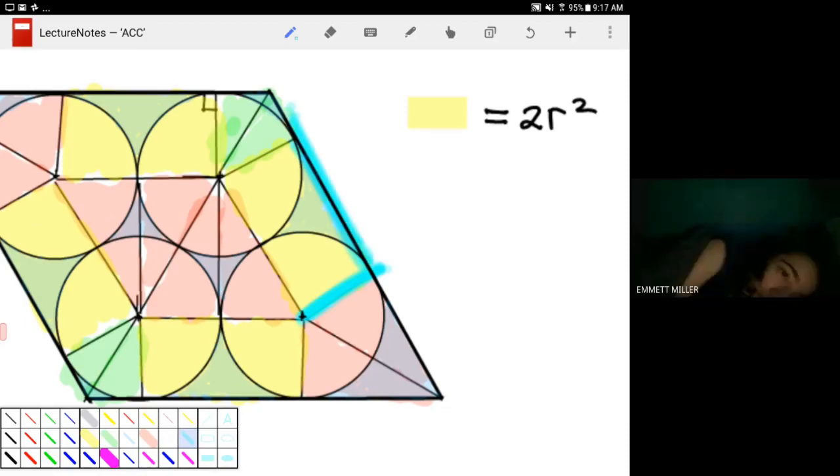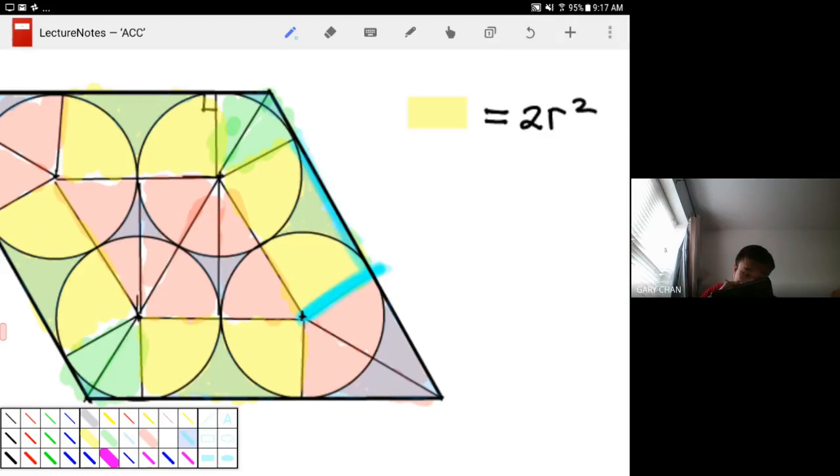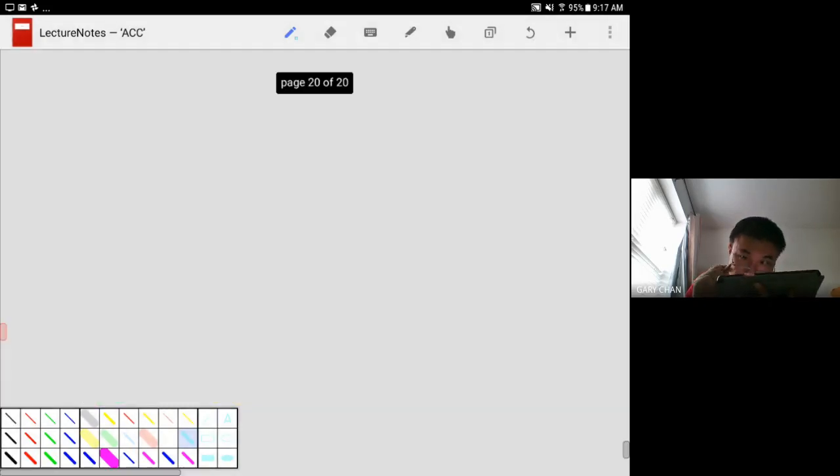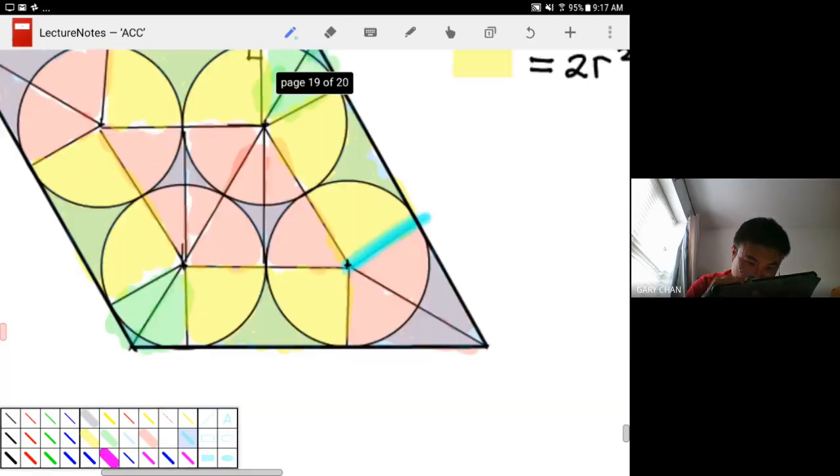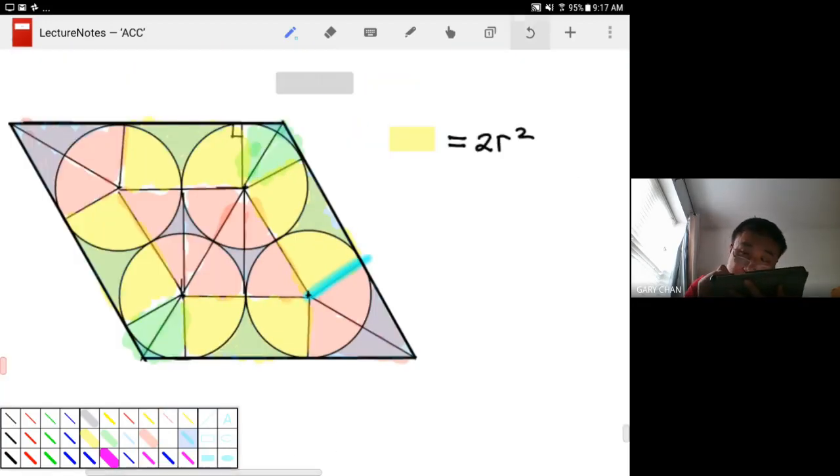It's 2r. This is 2r, right? So therefore the area of the rectangle is 2r squared, okay? I'm glad we are in agreement there. Okay, so the area is 2r squared.